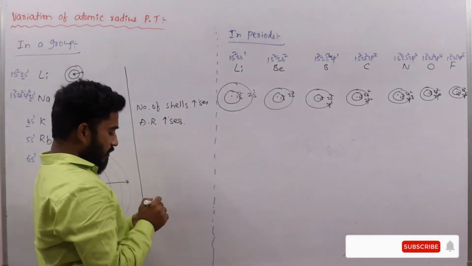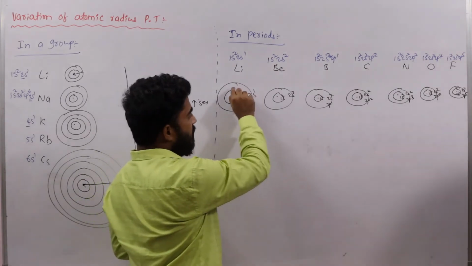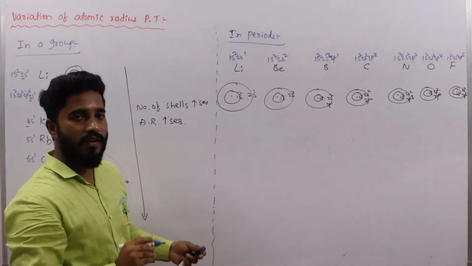So what is happening here: the number of electrons in the same shell increases.